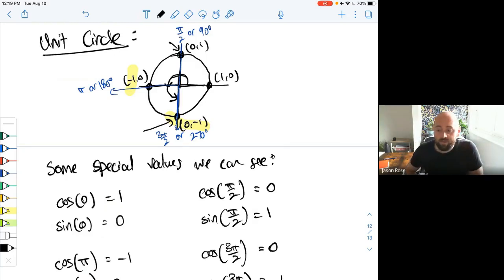Most of the time, you will have cases where there are two angles that give you the same x coordinate or the same y coordinate, and that's something you're going to have to tackle when we're solving them.